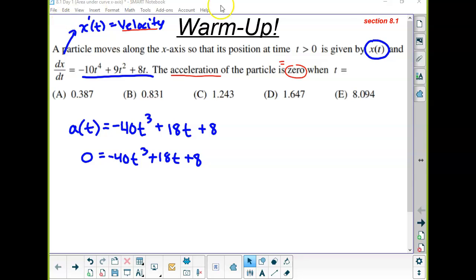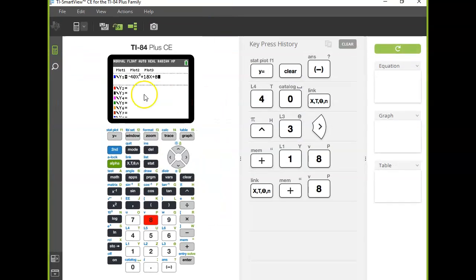And what I want you to do is we need to graph, put this into y equals. Okay, I think I got it.